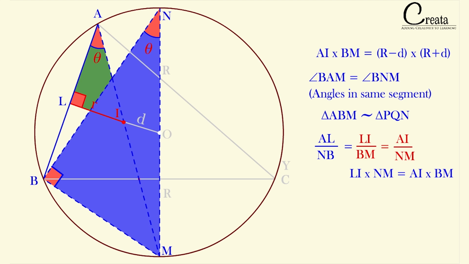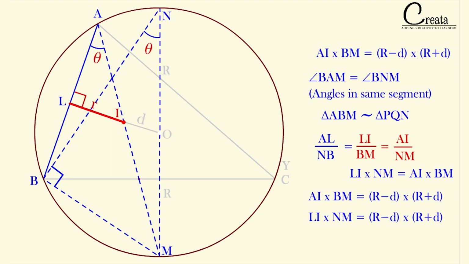We got this equation. Now let's move back to our equation, that is AI into BM is equal to R minus d into R plus d. Here can we replace AI into BM with LI into NM? We got our equation as LI into NM is equal to R minus d into R plus d.